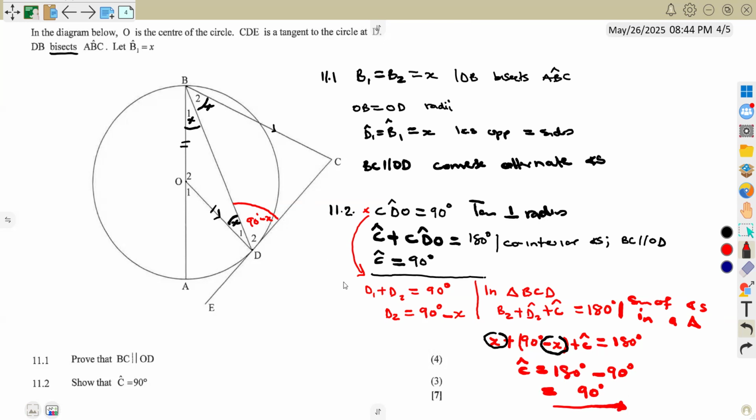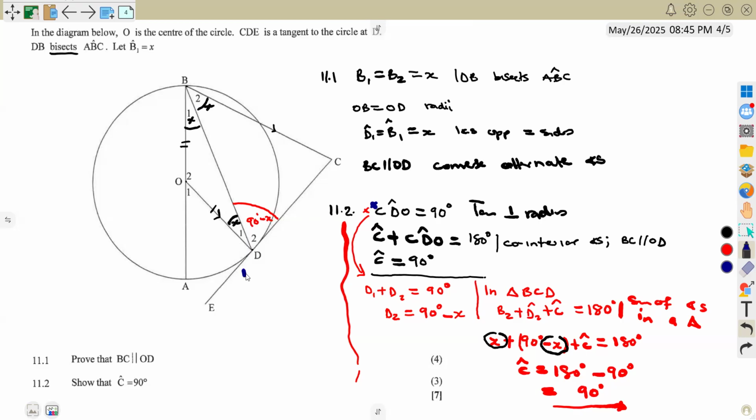Then lastly, it could have been done differently again. So one would come and say, no, let me start with this angle, and take that angle C, DO is 90 degrees. Then you go to triangle BOD.